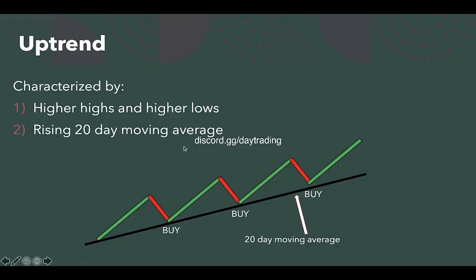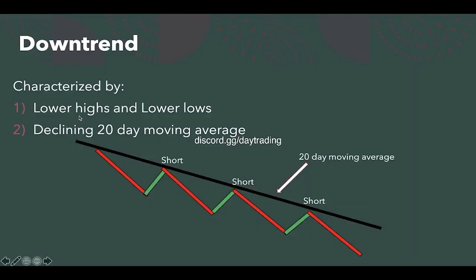Very simple stuff. We're looking at a downtrend. It's characterized by, number 1, lower highs and lower lows. Okay, we have lower highs, right, and lower lows. So low here, low here, low here. And as you can see, we have a declining 20-day moving average, which is this line.